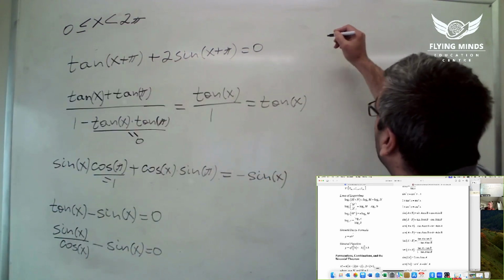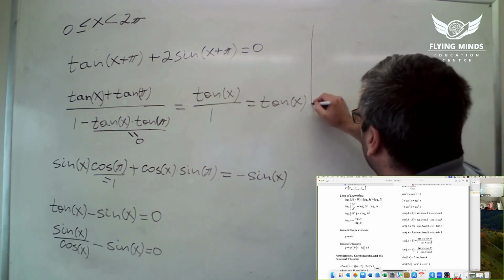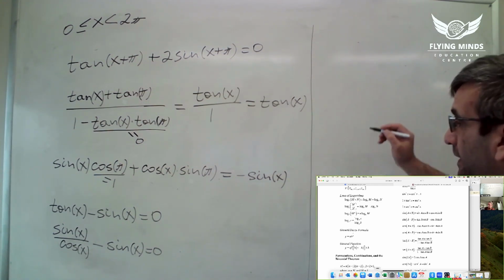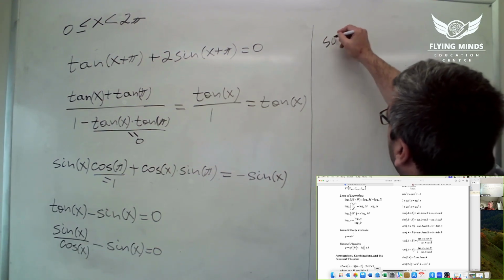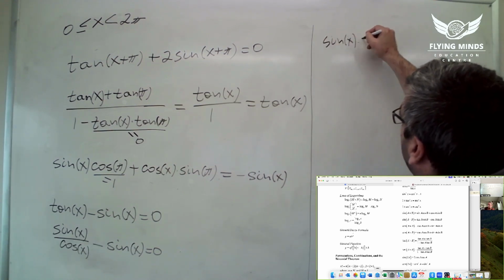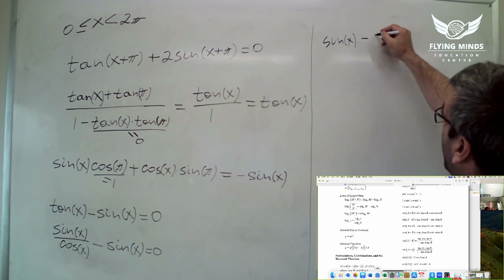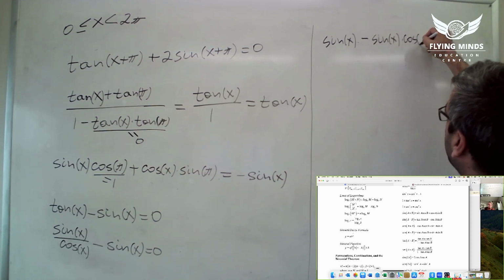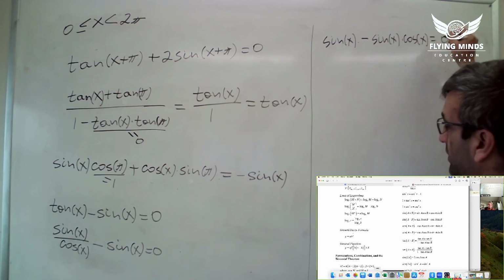Then we do common denominator. And then would I multiply that common denominator on both sides? Then we have sine x times cosine x equals 0.